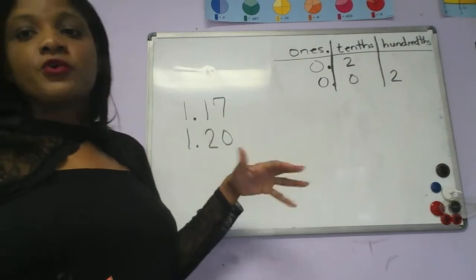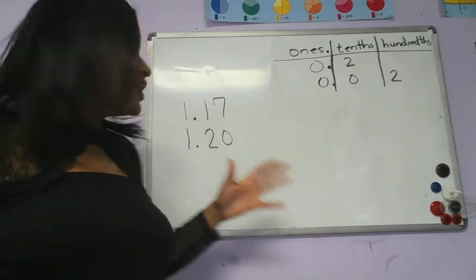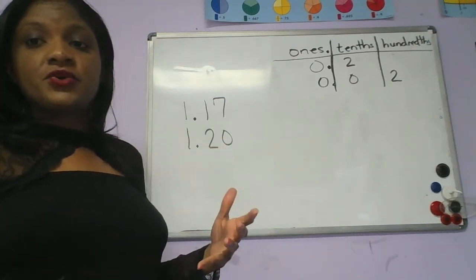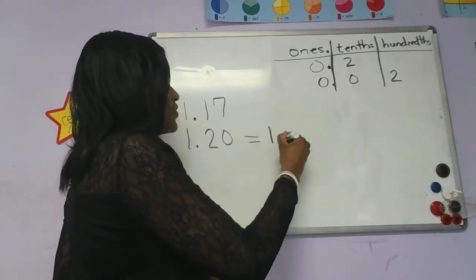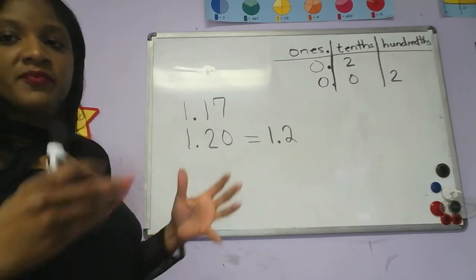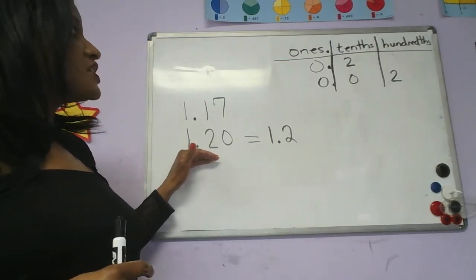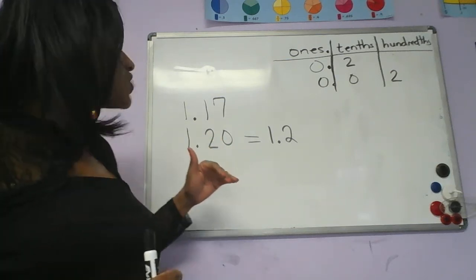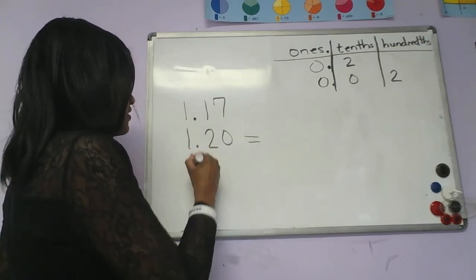But we could draw a model with 17 hundredths, 17 out of 100, and one with 20 out of 100. And we see that 20 out of 100 is more than 17 out of 100. 20 out of 100 is the same thing as 1 and 2/10. Just to make that comparison too, those will be the same because we're really just comparing place value with place value.